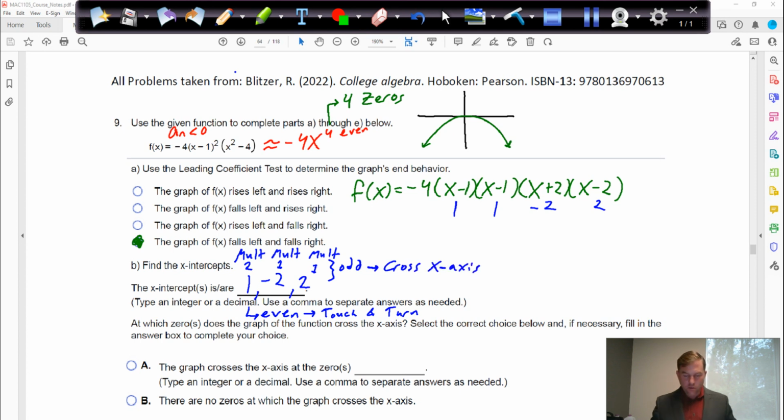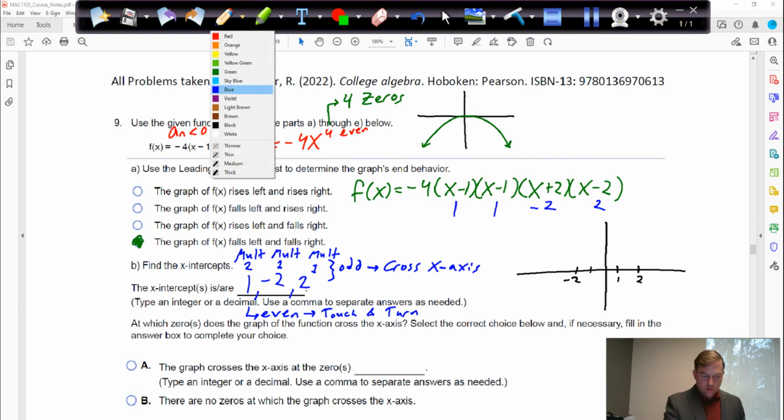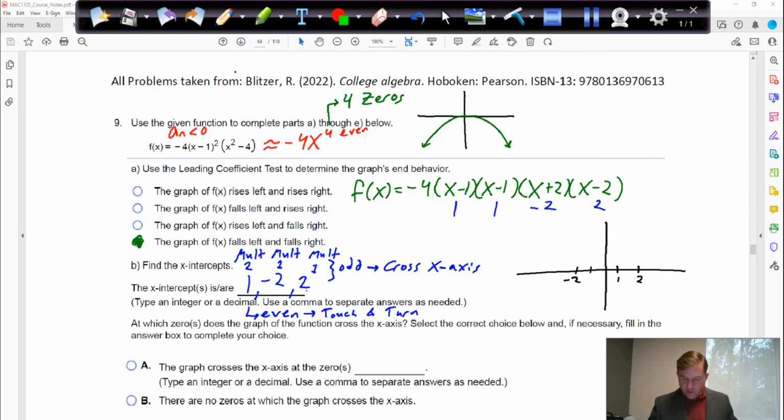Okay, so we're already starting to get a nice picture for this. Let's see how much we can fill in. We have a 0 at minus 2, we have a 0 at 1, and we have a 0 at positive 2. So let's put those zeros in. We have 1 at minus 2, 1 at 1, technically two zeros at 1, and then 1 at 2.